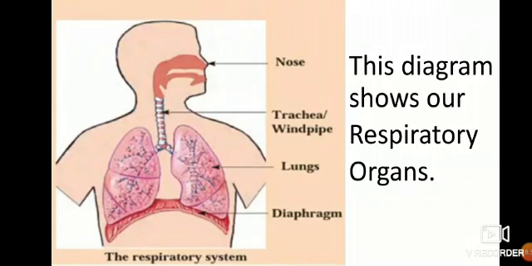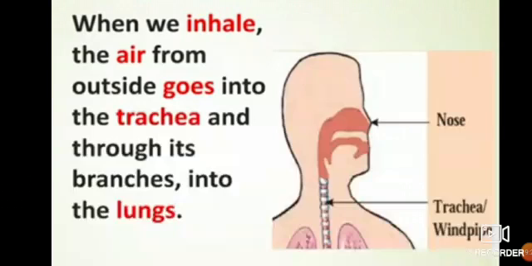The trachea takes the oxygen from the nose and it moves into the lungs. Can you see that two? The trachea is divided into 2 pipes. So it goes into the lungs and then it comes to the diaphragm. Okay, so this is about the respiratory system.